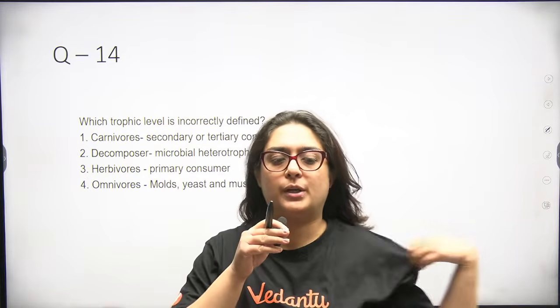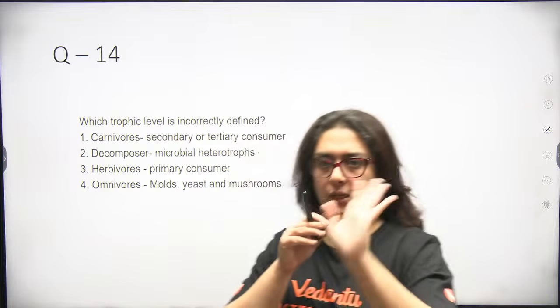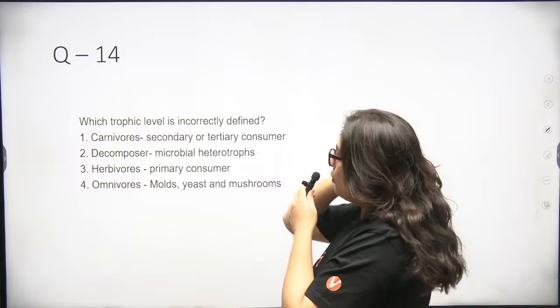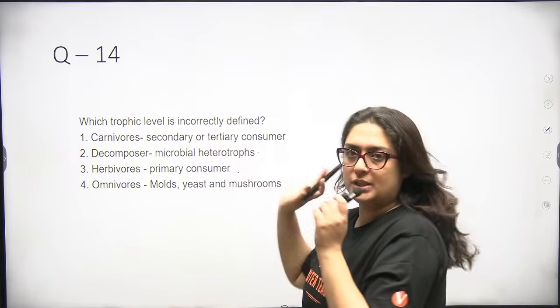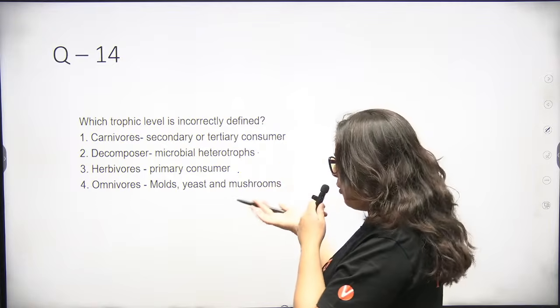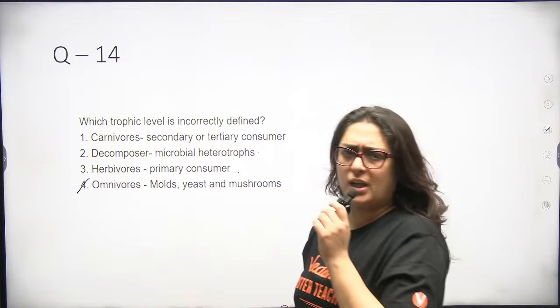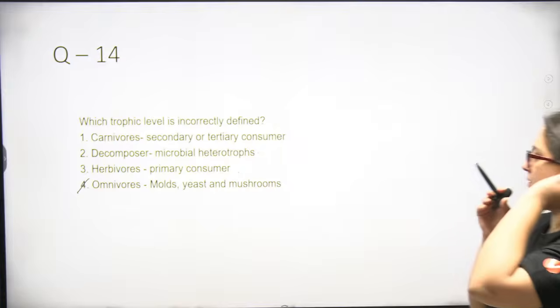They are not able to produce their own food. Herbivores are primary consumers, carnivores secondary or tertiary consumers, very well known. But omnivores are molds, mushrooms? No, we cannot put fungi in that category.